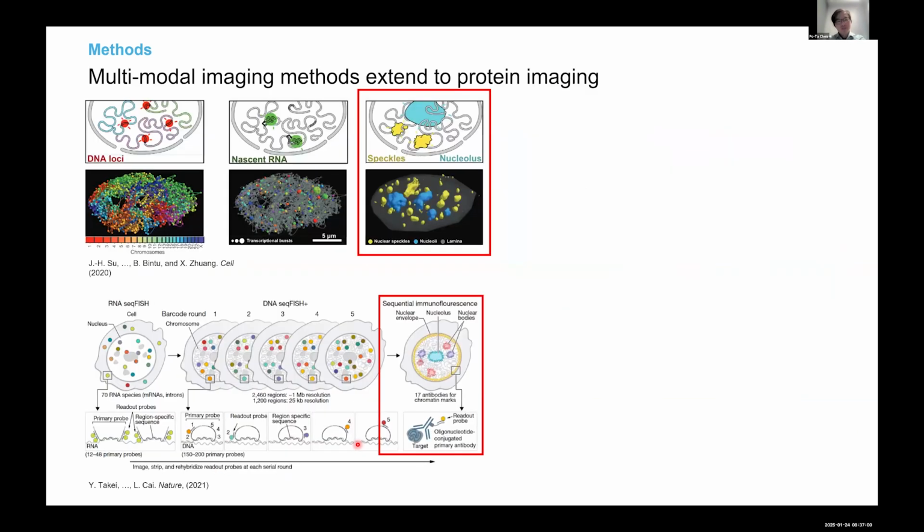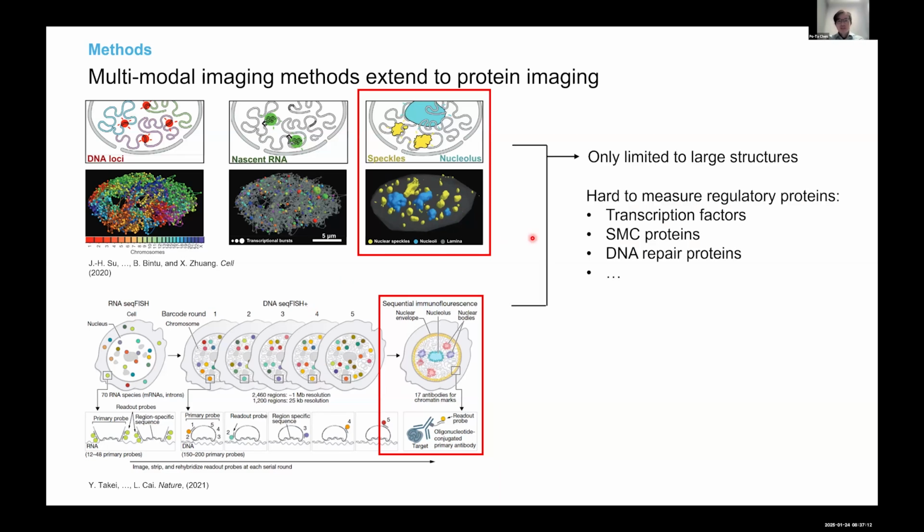There has been some recent progress where people try to include the protein side in this multi-modal imaging. However, the imaging methods that included protein imaging have been shown to be limited mostly to large structures inside the nucleus, because it's really hard to measure regulatory proteins such as transcription factors, SMC proteins, or DNA repair proteins alongside DNA FISH.